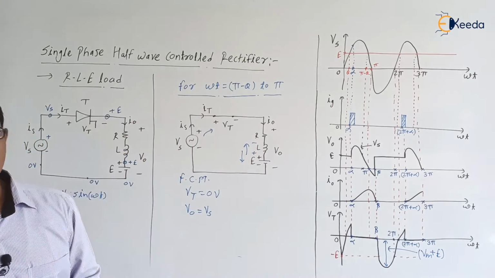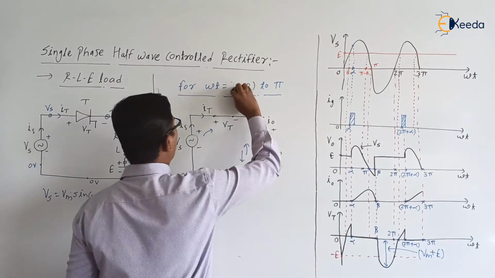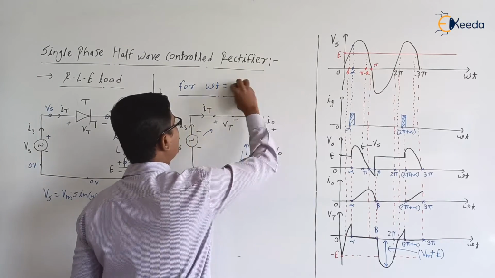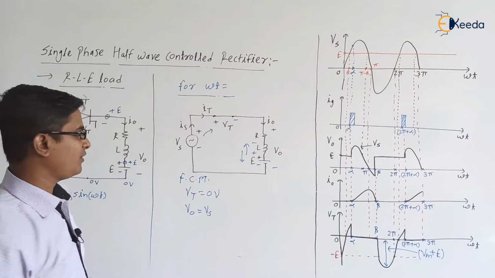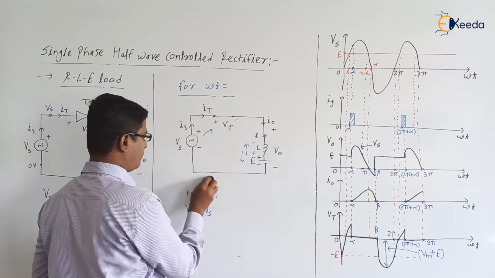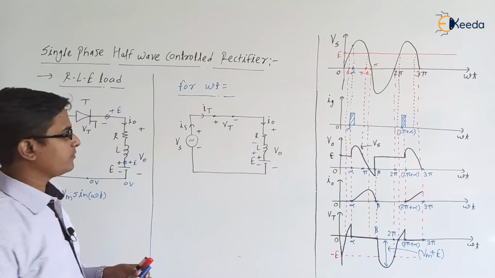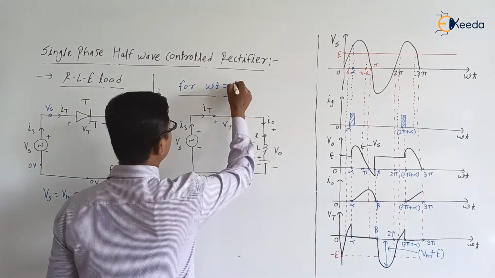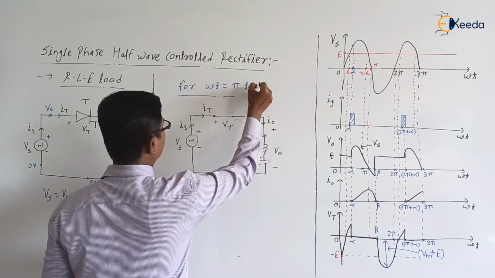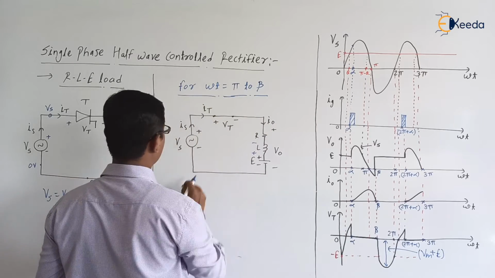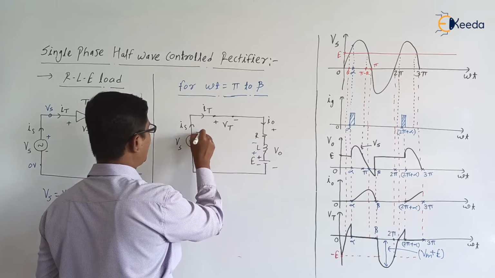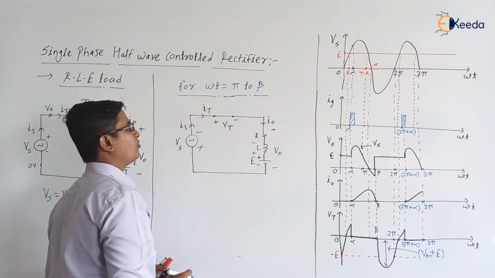After pi, what will happen? From omega t is equal to pi to beta, let us discuss. The supply voltage polarity is reversed, because the supply voltage is negative after omega t is equal to pi.